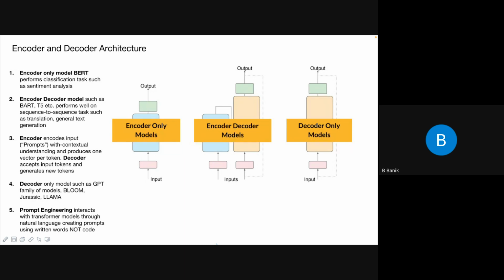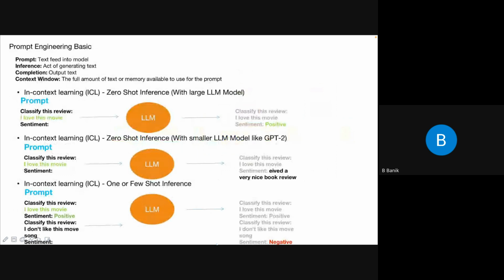So moving to the next, in prompt engineering, we write a prompt, which is natural language, the way we write, and then you have an inference, so it will generate some text.